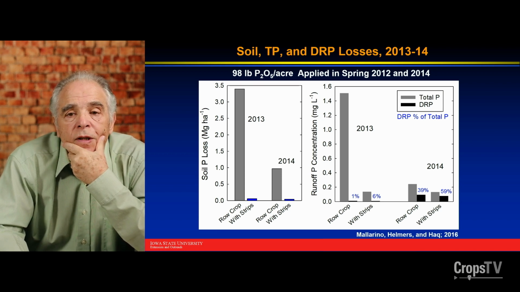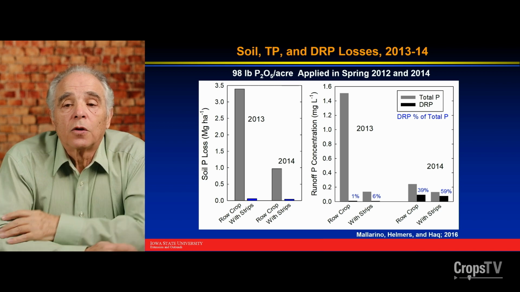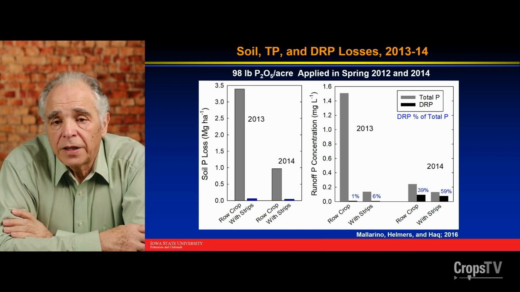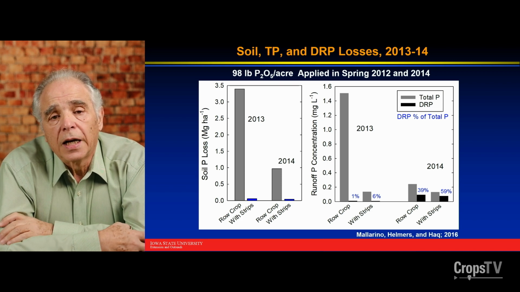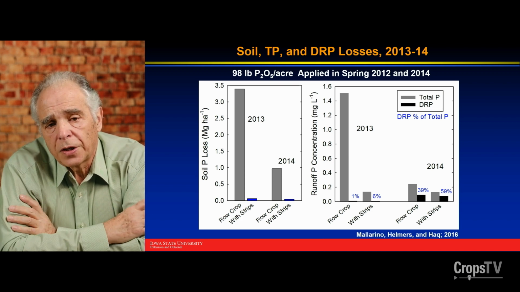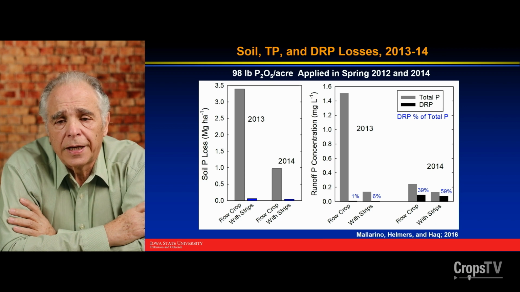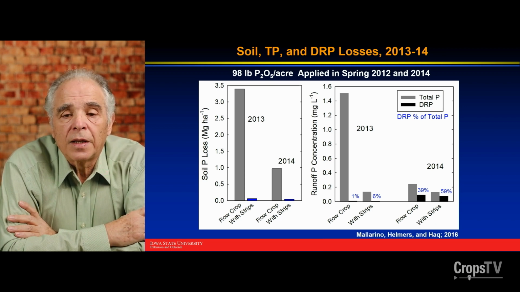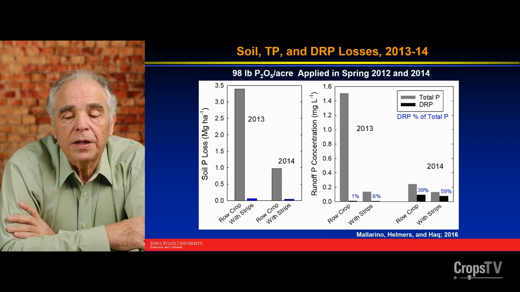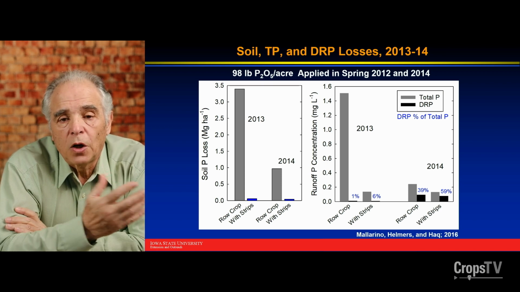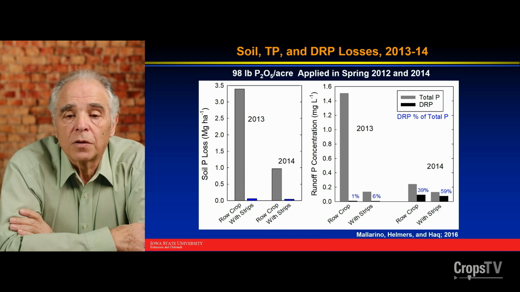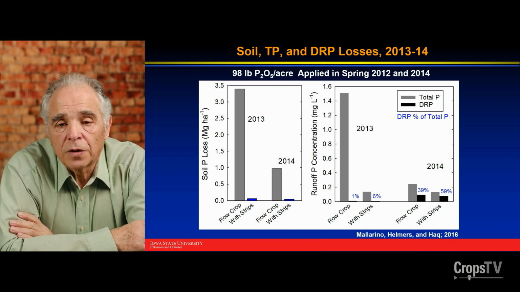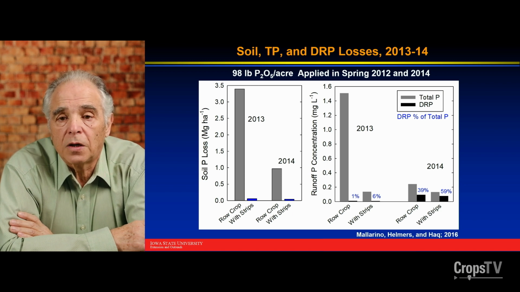And the blue is the proportion of dissolved P of the total P. So we see that there is a very, very large reduction of the total P concentration in both years. And in 2013, the proportion of dissolved P was very low, 1% for the crops and 6% on average for the strips, the percent of the runoff.